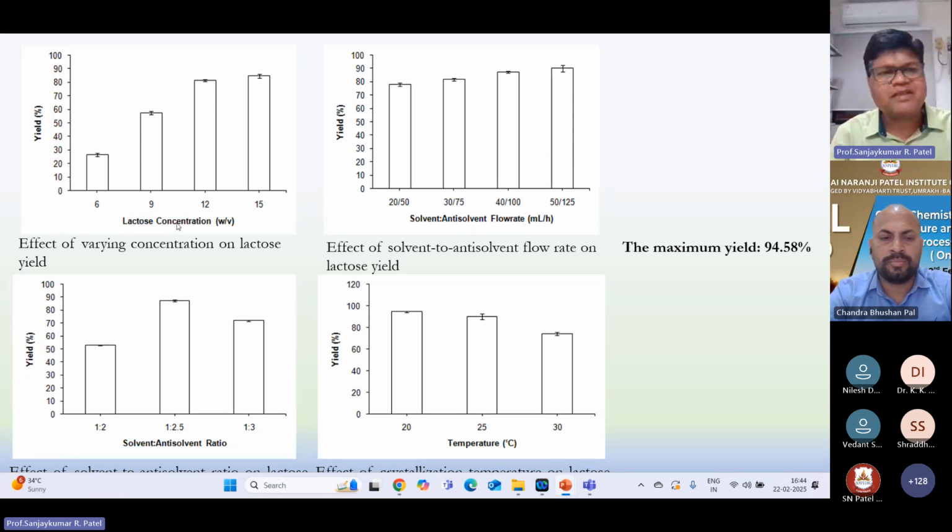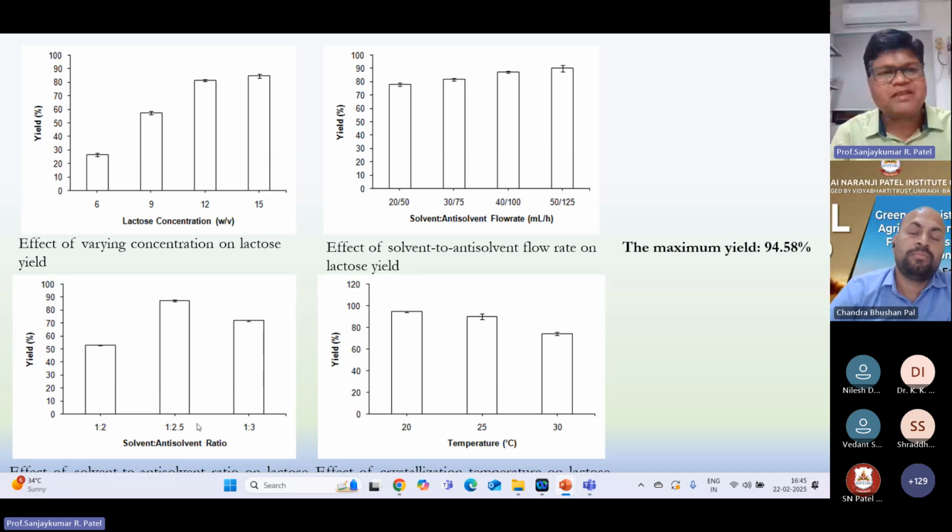Okay, so these are the different parameters. With the increase of the lactose concentration, we have changed the solvent to anti-solvent flow rate, because we can change that, correct? We have changed the solvent to anti-solvent ratio, and we have changed the temperature also. Okay, so increasing lactose concentration or changing the solvent to anti-solvent flow rate had little effect on the percentage yield that we observed.